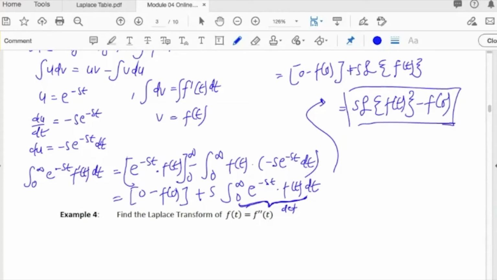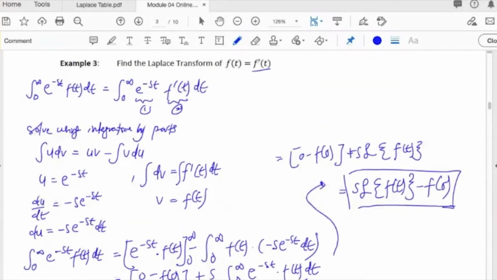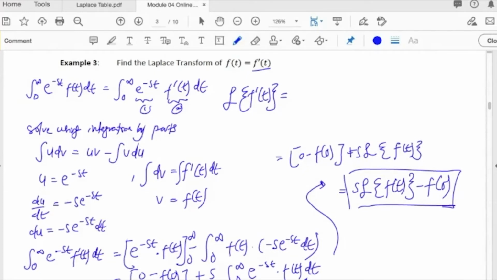So what does this tell you? It tells you that if you have the function f prime t and you apply a Laplace transform, it will be transformed into the s domain, where you get s times the Laplace transform of f(t), minus f(0).